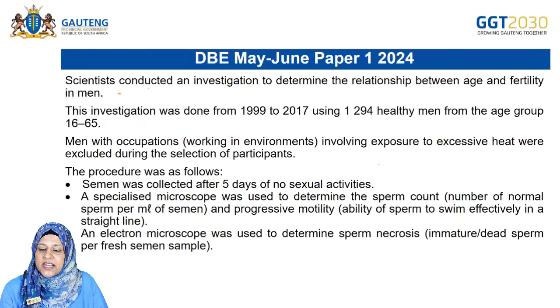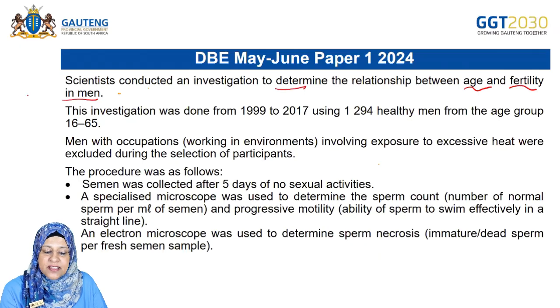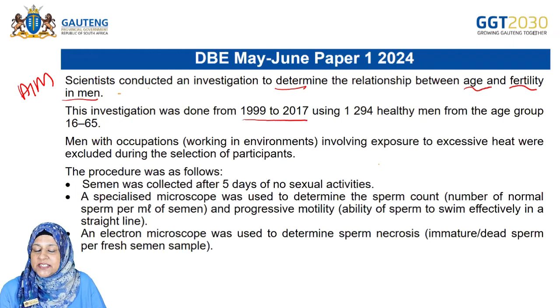Scientists conducted an investigation to determine the relationship between age and fertility in men. Okay, they want to determine, that's my aim. This investigation was done from 1999 to 2017.